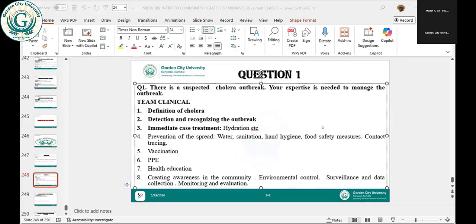So how can environmental control stand on its own? Definitely it goes under preventing the further spread of the disease. And your surveillance and data collection, as well as your monitoring and evaluation, come under measuring the effects of the control measures.